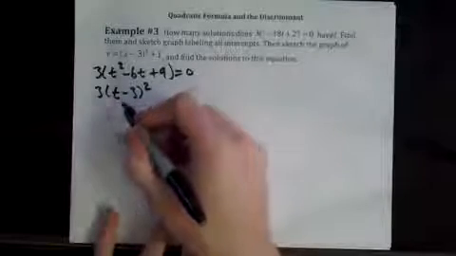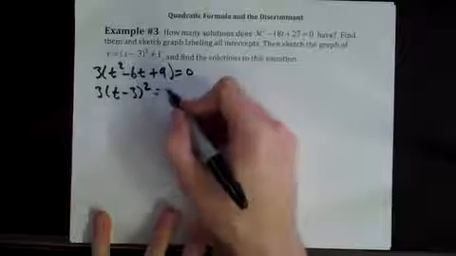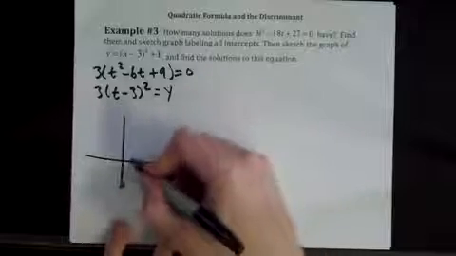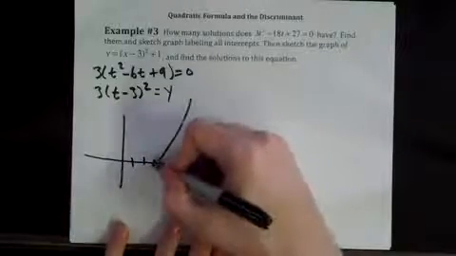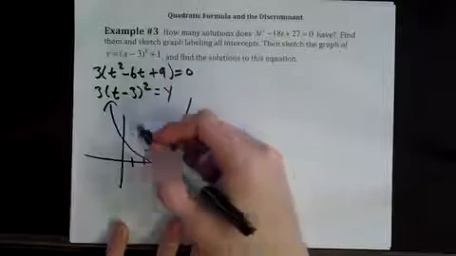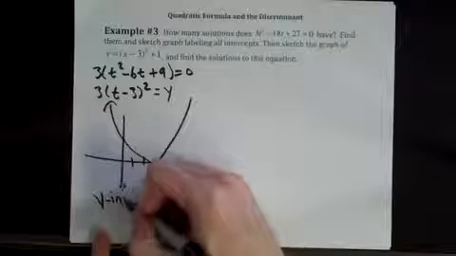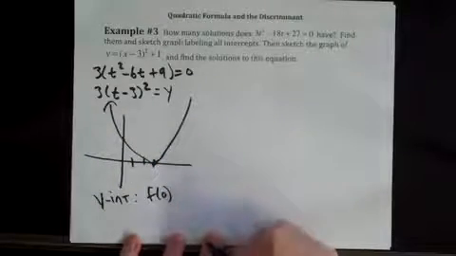This is just a parabola shifted over to the right 3 units. You can say it's equal to y. It's going to look like this. 1, 2, 3. Tangent to the x-axis, going up. And the y-intercept, that's f of 0, plugging in 0 into the function.